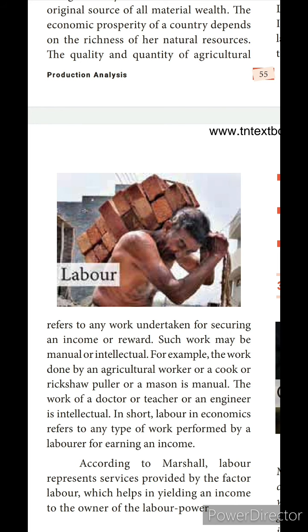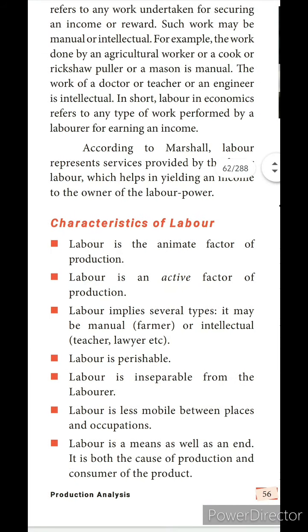Okay. What are the characteristics of labor? We will move there. Labor is the animate factor of production. Labor is an active factor of production also. Labor implies several types. It may be manual or intellectual. This one already I told. Labor is perishable always. It is inseparable from the laborer.